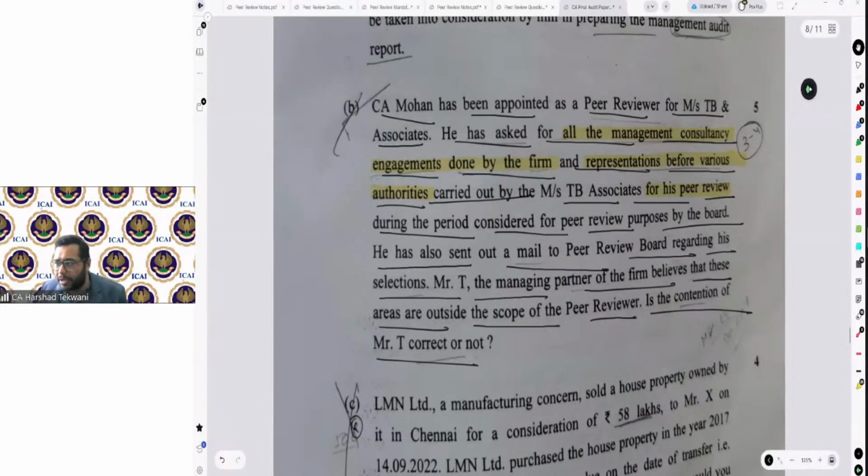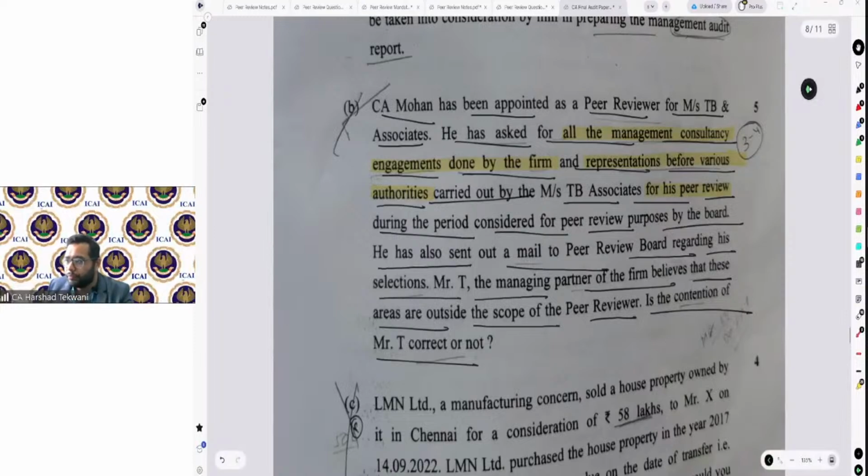The definition of peer review. And the second thing will be the definition of assurance practice, assurance engagement. That is very important because it talks about which types of engagements and areas are part of peer review.